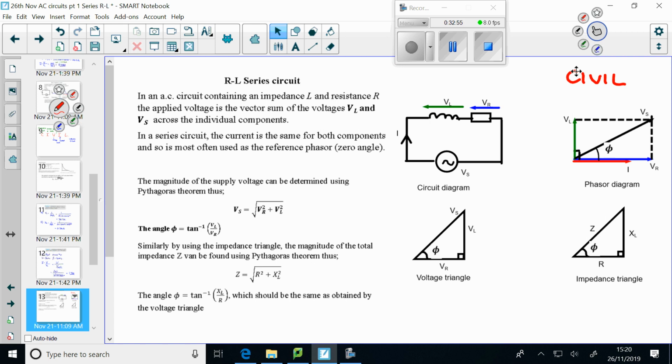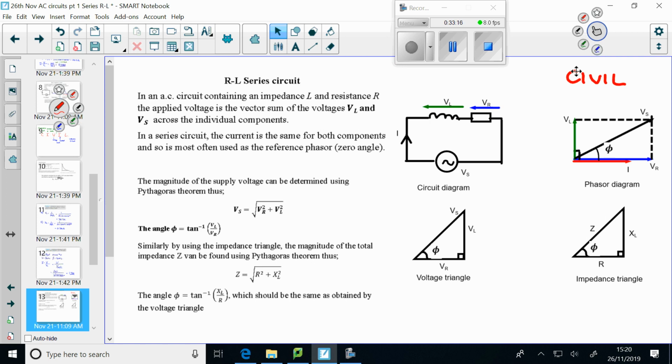Okay with that? Yeah. We can from that derive a voltage triangle where we've got VR on the horizontal at the bottom, we've got VL 90 degrees to it on the vertical, and then Vs is on the hypotenuse.